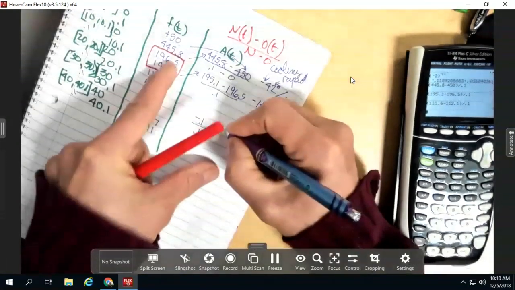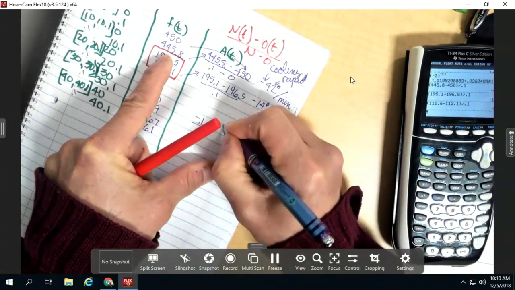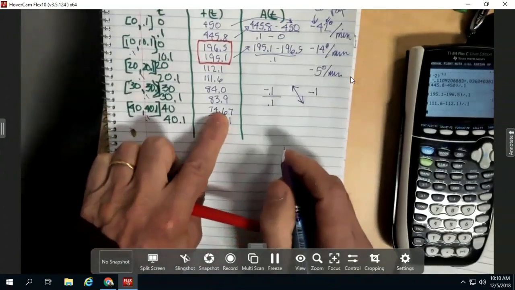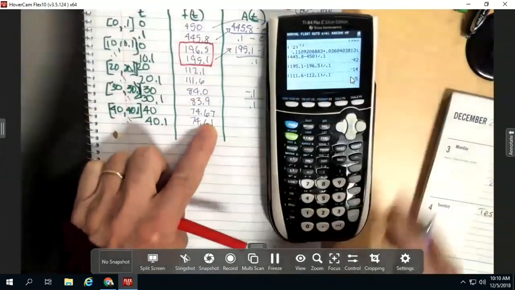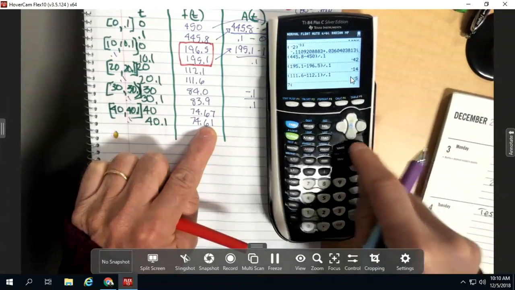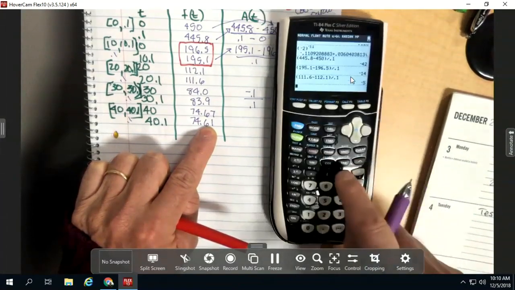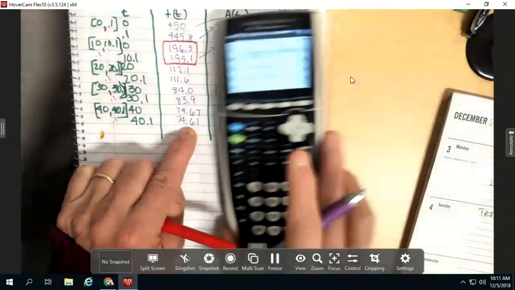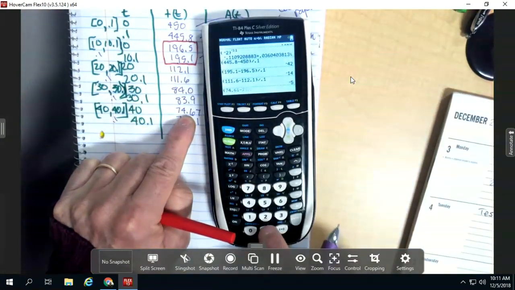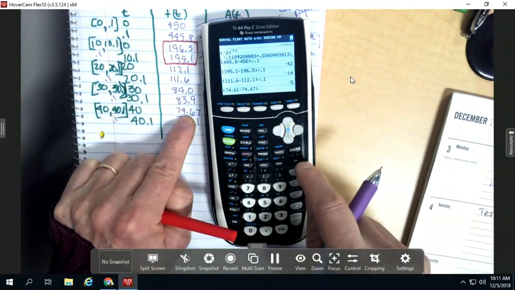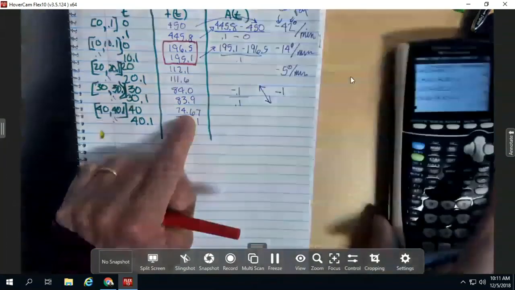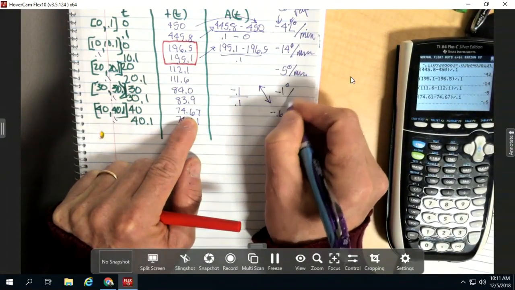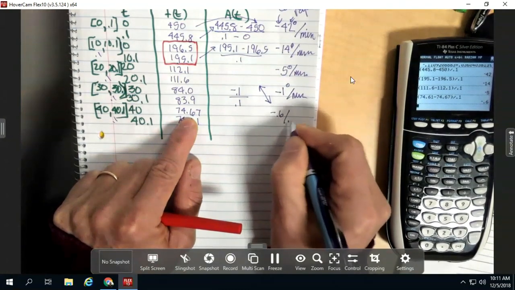So our slope at this point is a 45 degree angle going down. Last one, 74.61 minus 74.67 divided by 0.1 is negative 0.6. Oh, I didn't put in degrees per minute.